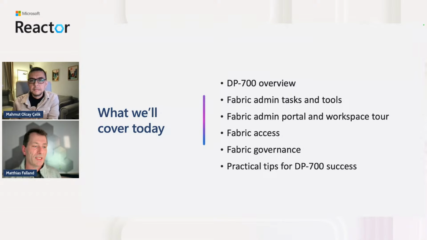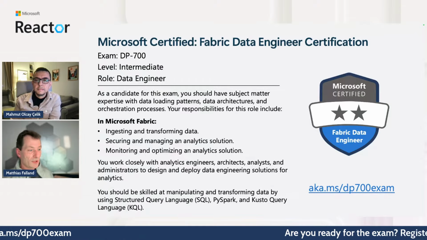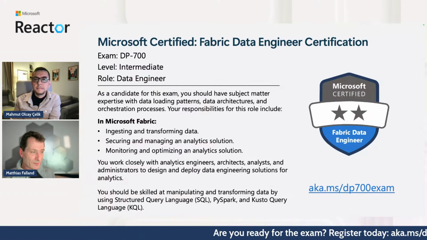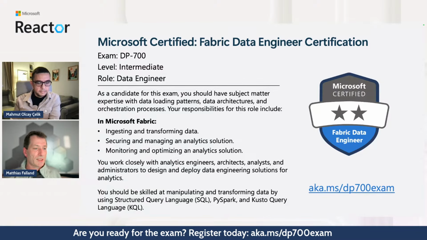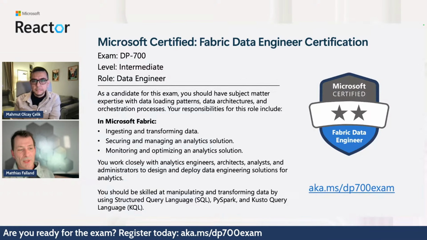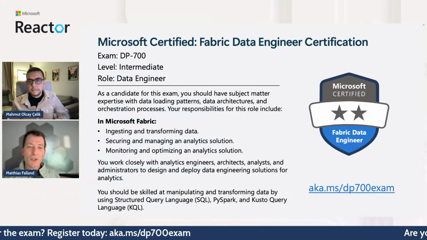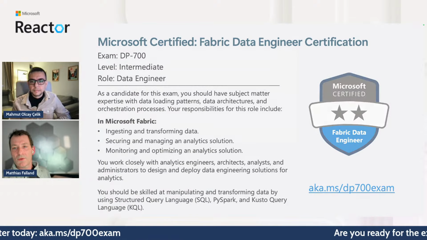So the exam itself, well, that's the overview. It's basically, of course, surrounded around Microsoft Fabric. It's a bit deeper than the DP-600. It's about ingesting, securing, managing, monitoring, and optimizing, and so on. It's against the Microsoft Fabric data engineer role, right?